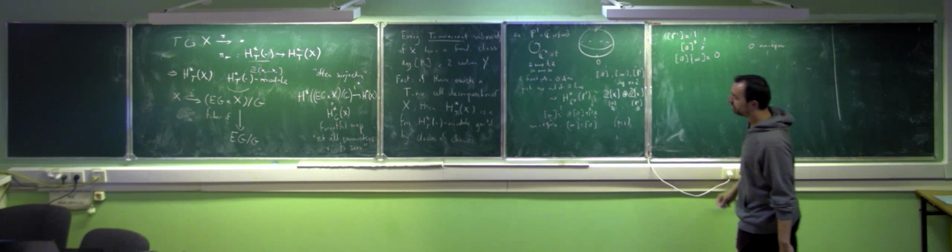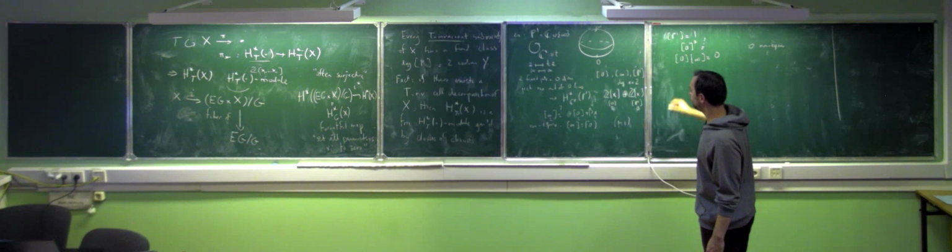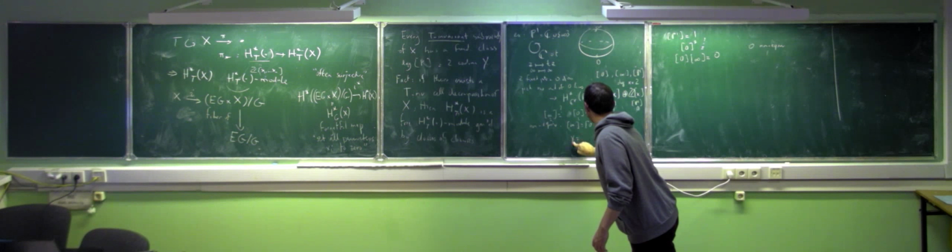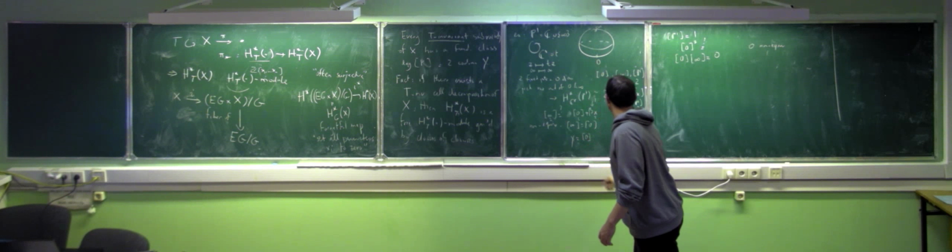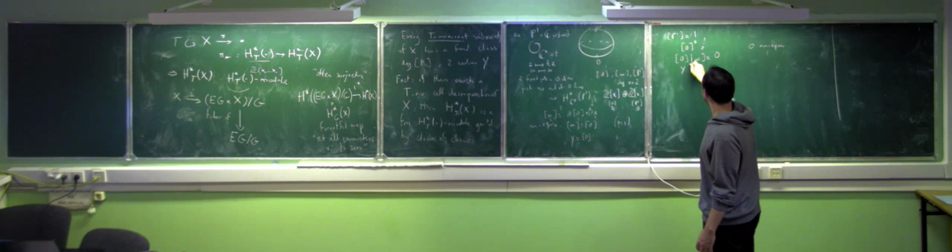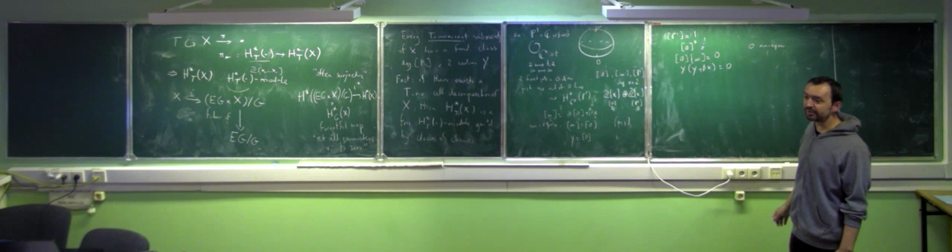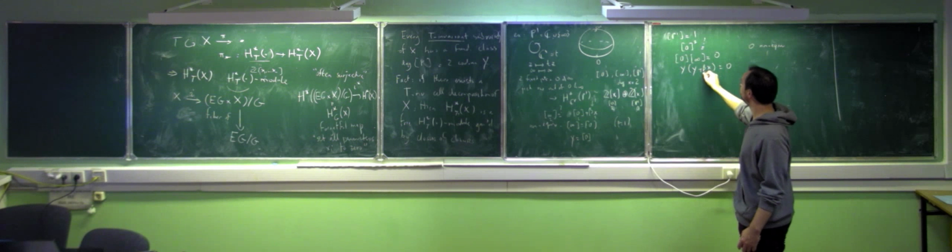But that doesn't help, because if you replace, you find that, so maybe we should give a name to the generator. Let me just call y the class of 0. This writes something like y times (y plus beta x) equals 0. So you know that y is going to satisfy some kind of quadratic equation, but you don't know which one, right?